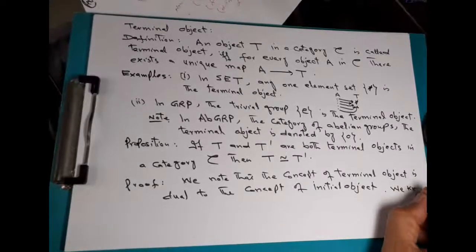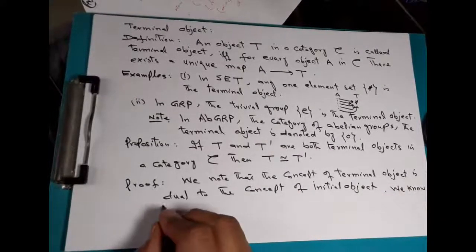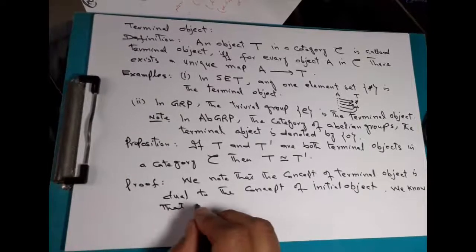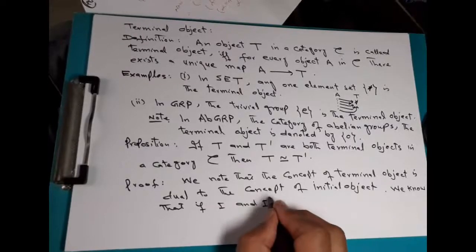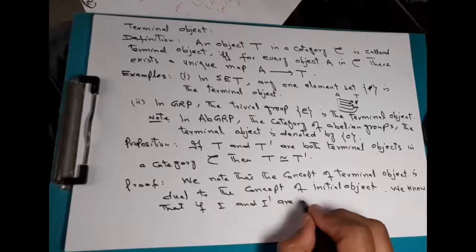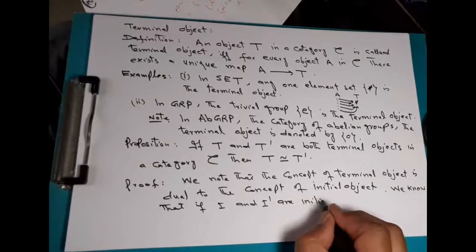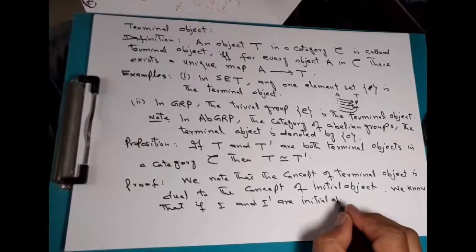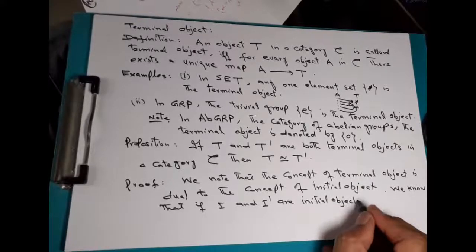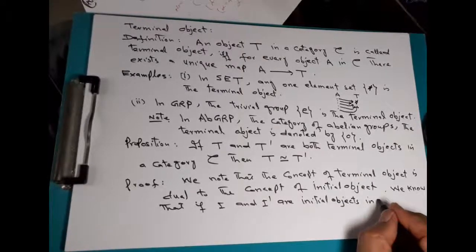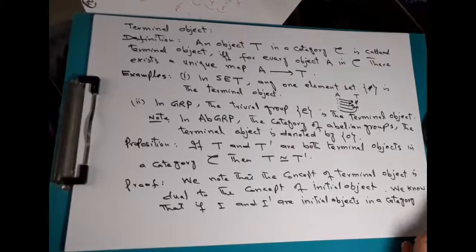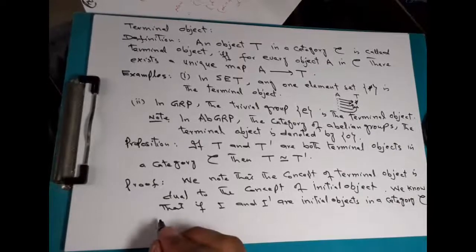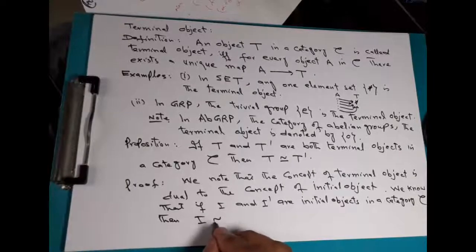So we know that if I and I dash are initial objects in a category C, then I is isomorphic with I dash.